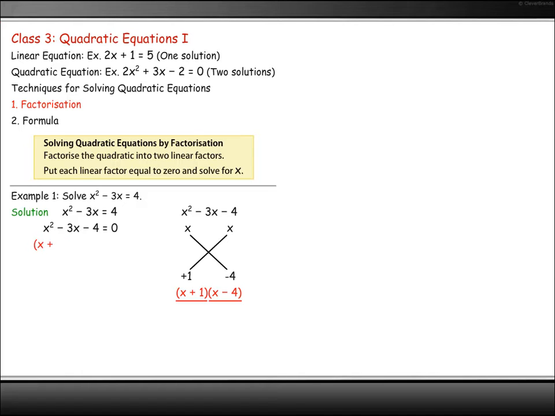Write down the factors. Put each factor equal to 0 and solve for x. The first solution is x is equal to minus 1. The other solution is x is equal to 4.